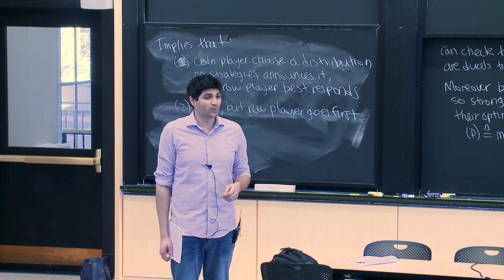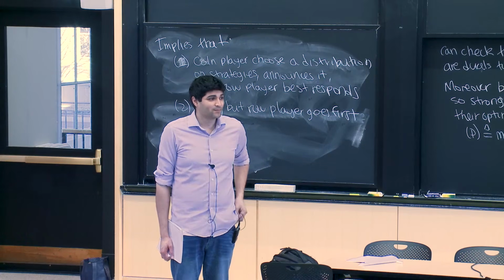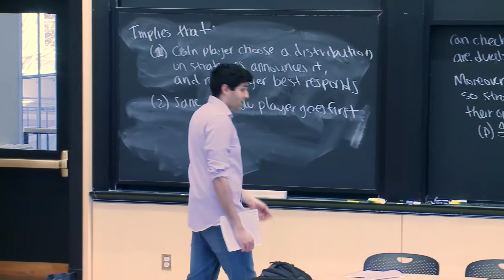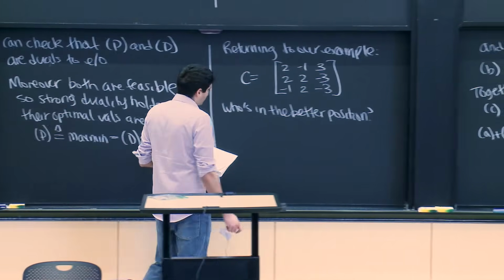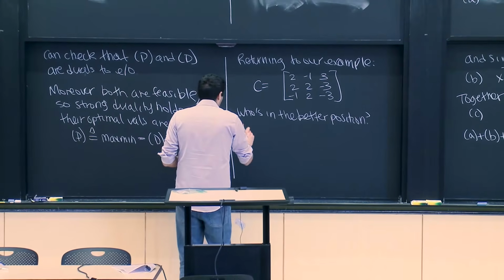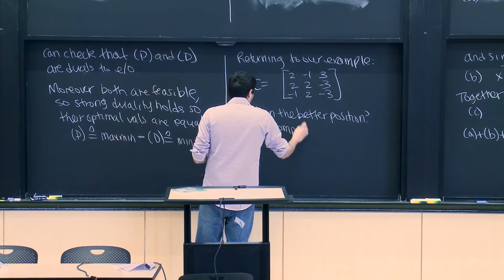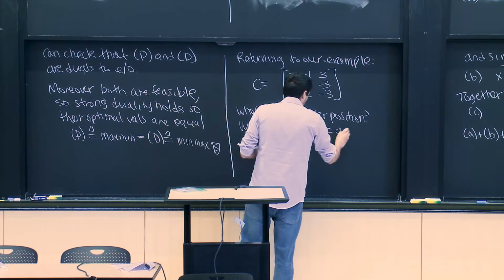What should I try and compute? Yeah, I guess the optimal solution to the game. Yeah, that's right. So one thing I can do is compute the game value, lambda star, which is called the game value.